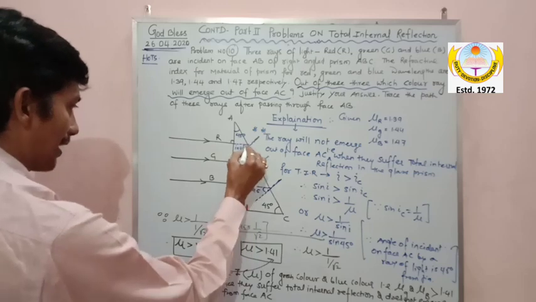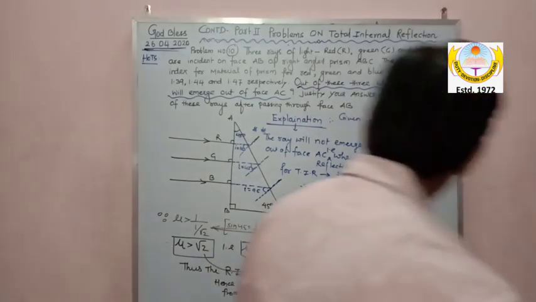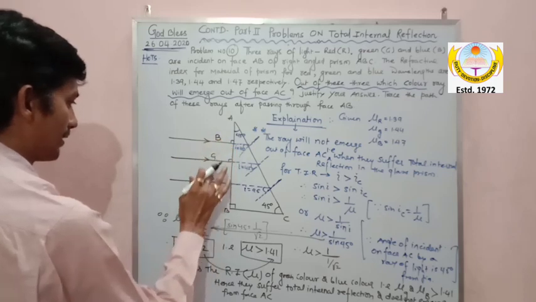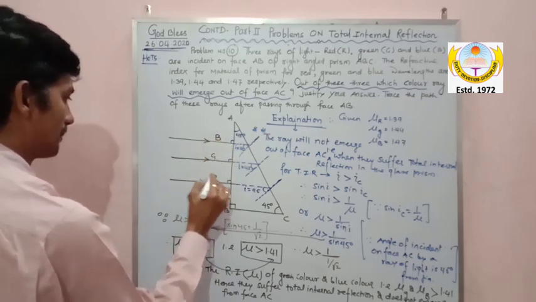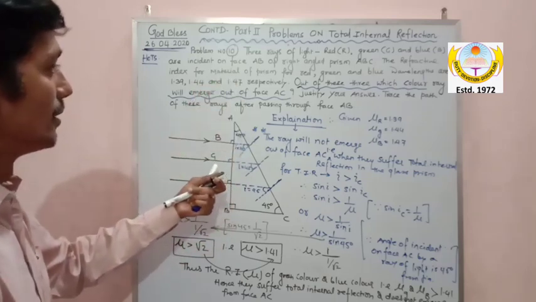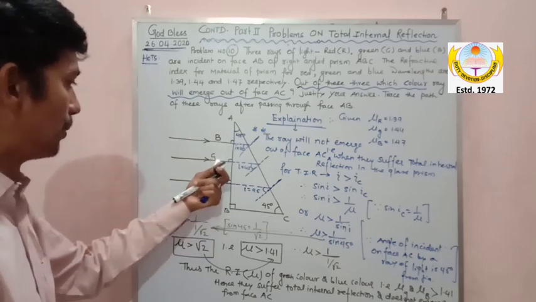So this color, that is blue color, and I hope it is clear that it is given in my diagram, actually given this way. Here it is given blue color, here it is given green, and here it is given red. The diagram is given in the question. So I have not written anywhere, but this is given in the question, blue, green and red.